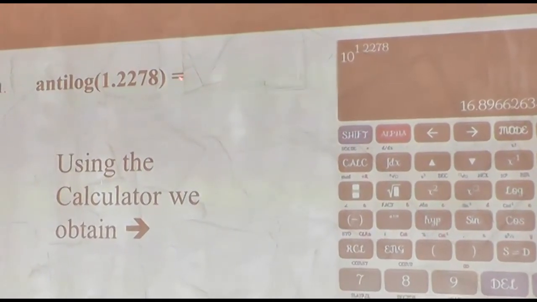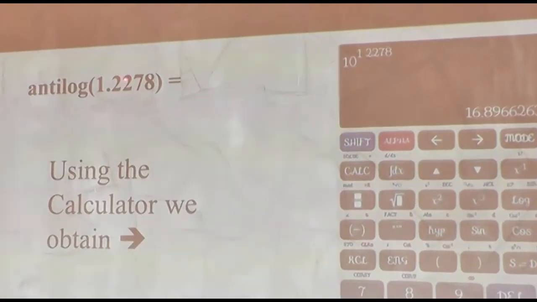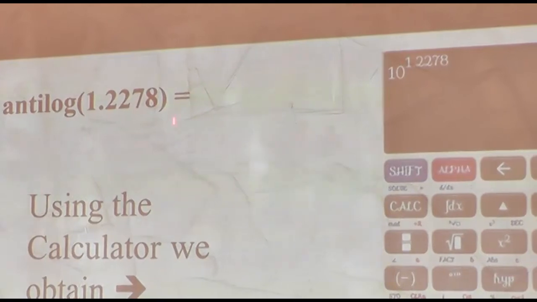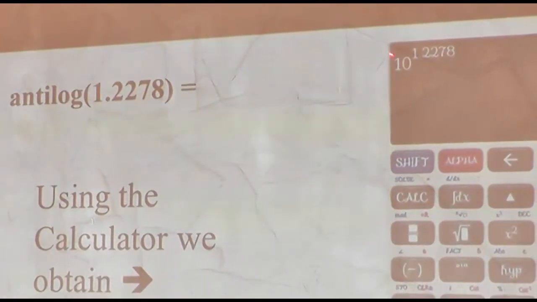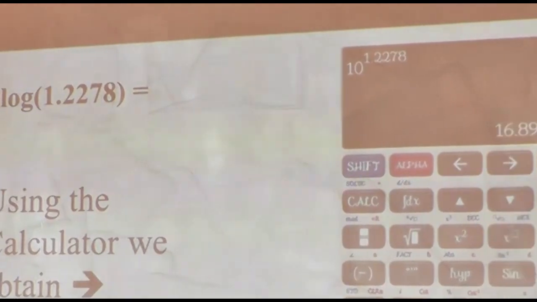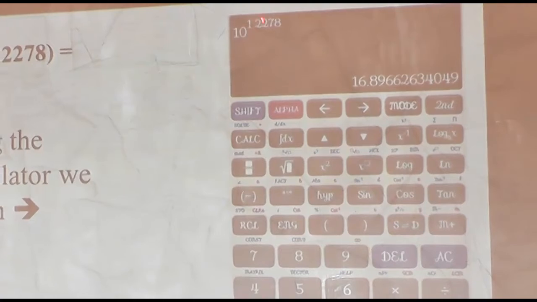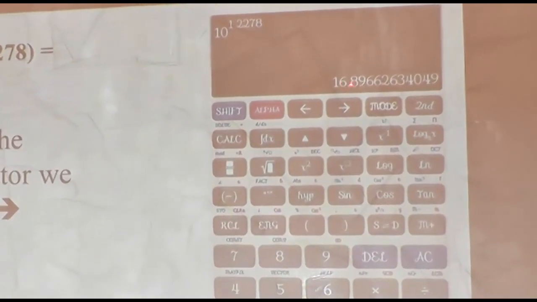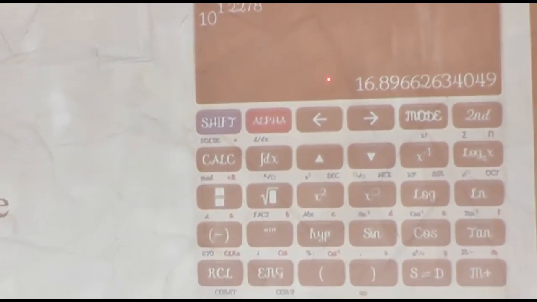So the power to which that base 10 number is raised is the logarithm you are given. Now the antilog is what will be the solution if 10 is raised to this power. So if you now raise 10 in your calculator, 10 raised to the power of 1.2278, and you press the equal to sign, it will give the antilogarithm of the digits.